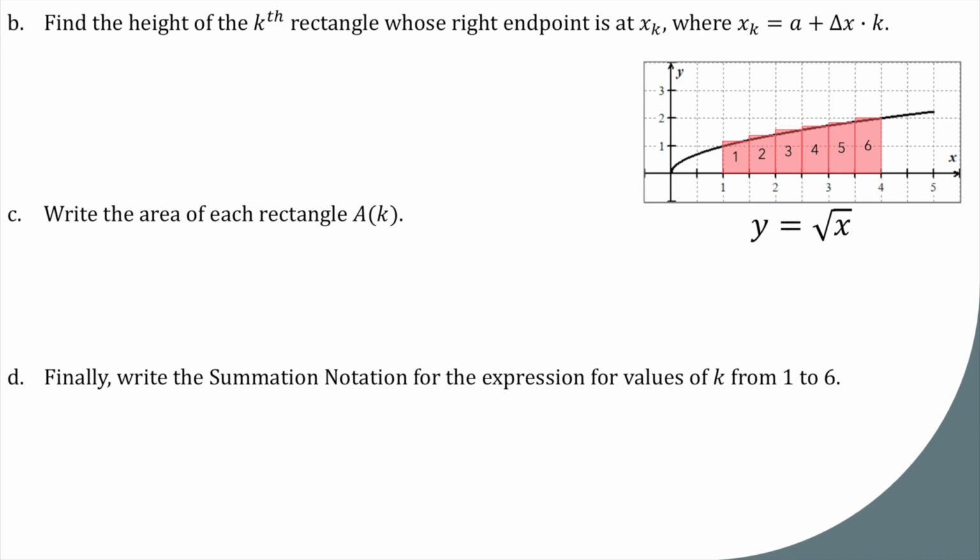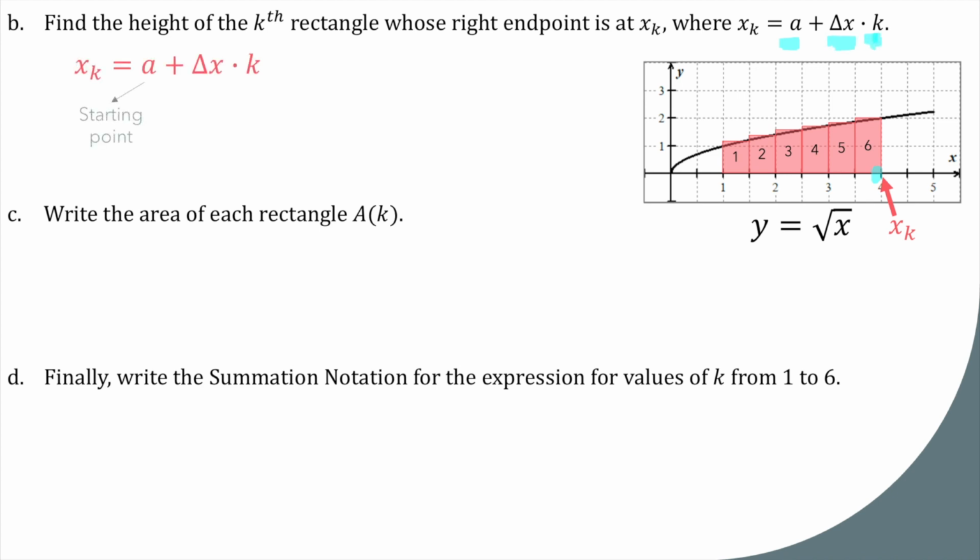Part B, find the height of the kth rectangle whose right endpoint is at x sub k. What does that mean? All right, so look over here. X sub k is our far right point. And we find x sub k by our starting point plus our delta x times what rectangle we're on.